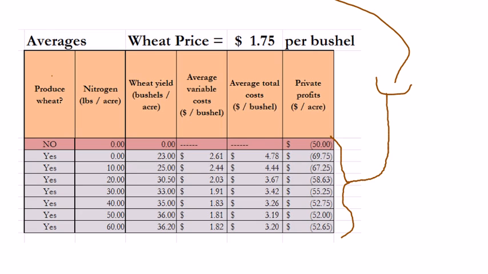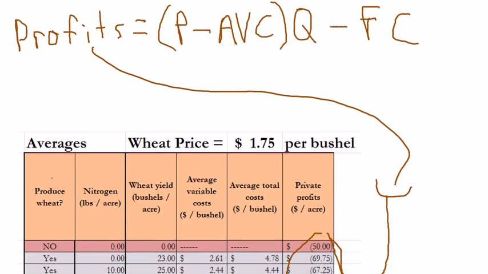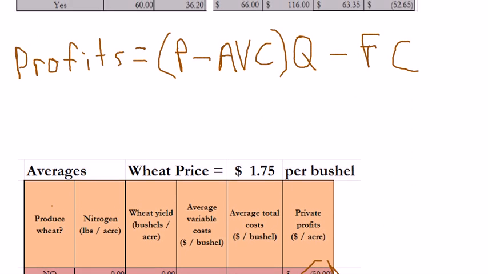And if you don't get these exact numbers, it's probably just due to a rounding error. Now notice in this formula that if it's the case that price is less than average variable cost, then that's going to be less than 0, and then you'll lose more than your fixed costs.